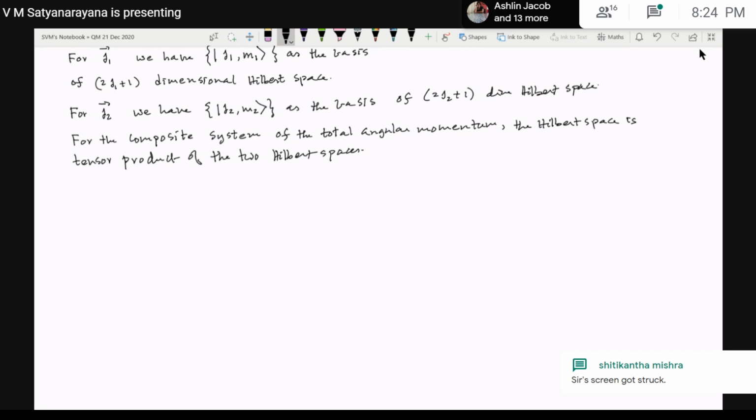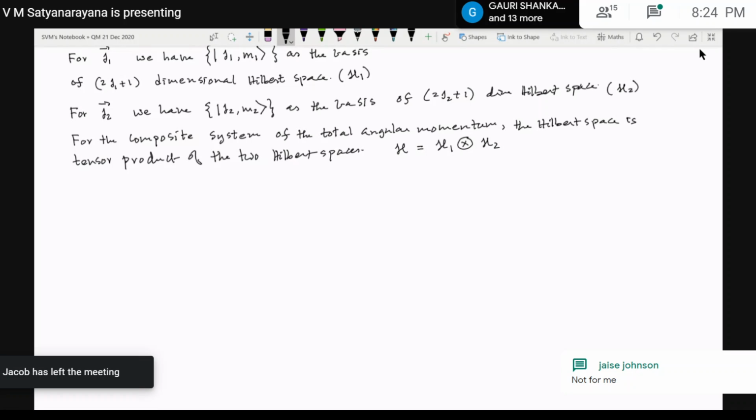If I call this Hilbert space H1, and this Hilbert space H2, then this H is basically written as H1 tensor product, or direct product, H2.